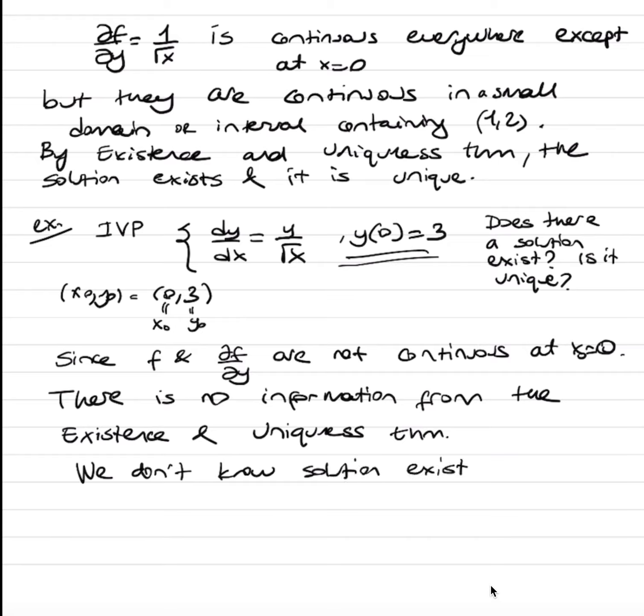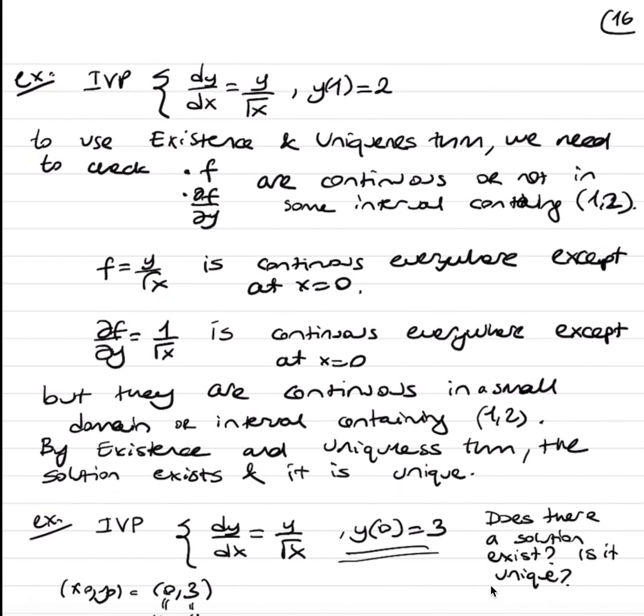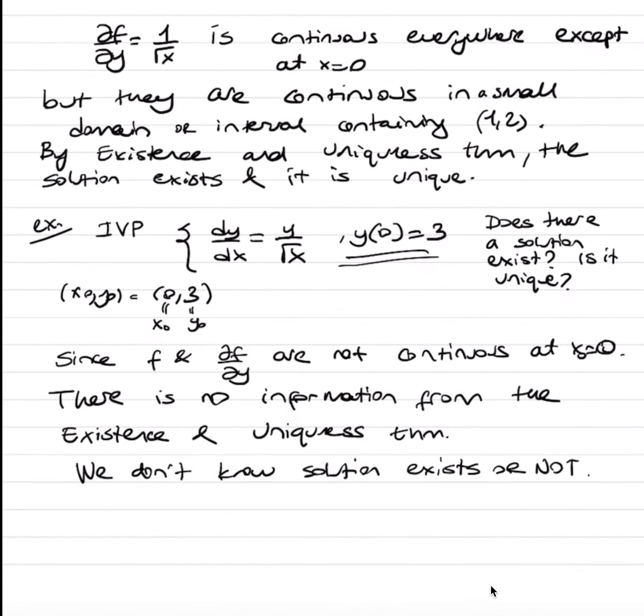The existence and uniqueness theorem doesn't say anything about it not existing. It says only that a solution exists if f is continuous and del f over del y is continuous around this point x0 and y0. Great, so I think this is all for the existence and uniqueness theorem.